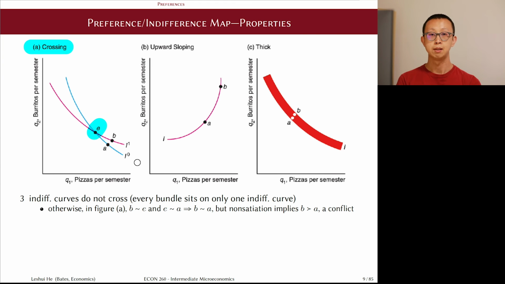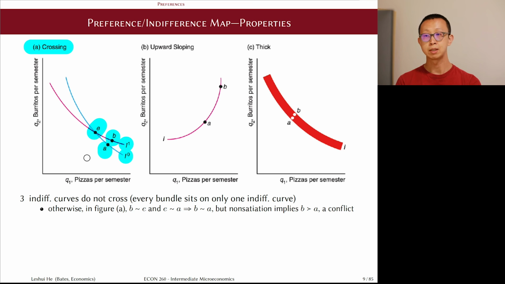Because these two curves, I0 and I1, are both indifference curves, by definition all the consumption bundles along each of them are indifferent. The implication is that by the definition of I1, consumption bundles B and E are indifferent. And by the definition of indifference curve I0, consumption bundle A and bundle E are indifferent.